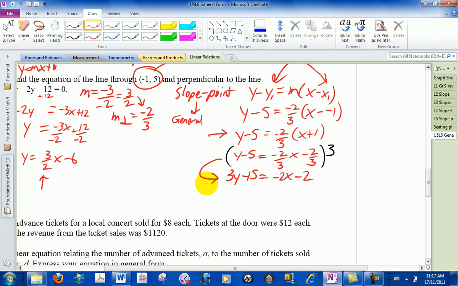Personally, I'm going to go to the left to get rid of my negative x, but it doesn't matter what you do. You have to do both because they're going to force your hand to make sure you understand. There's your answer. 2x plus 3y minus 13 equals 0.